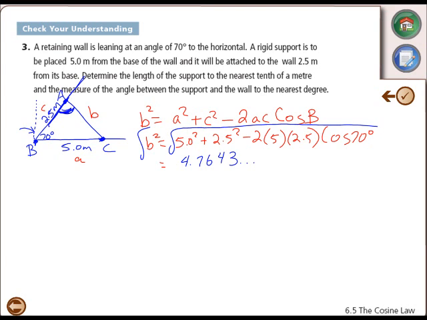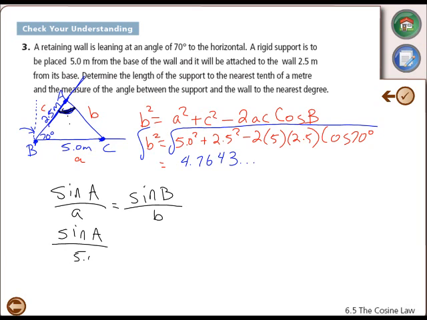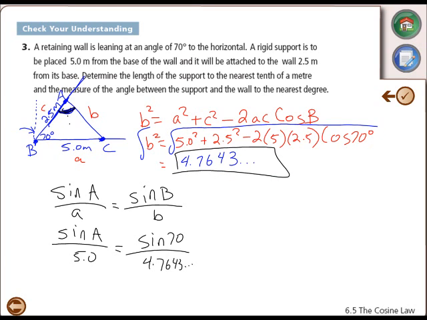So we are looking for angle A, so sine of A divided by the A is going to equal sine of B divided by the B. Hey, I know 3 out of the 4, so let's fill it in. Sine of A over 5.0 equals the sine of 70 over the B value, which is 4.7643 ... Hey, whenever we're going to have to use a number, we want to store it into the calculator.